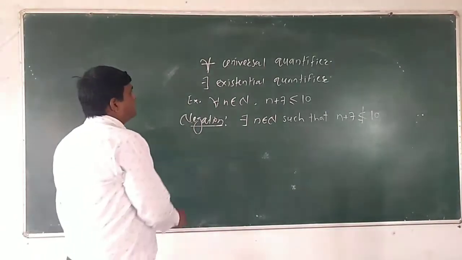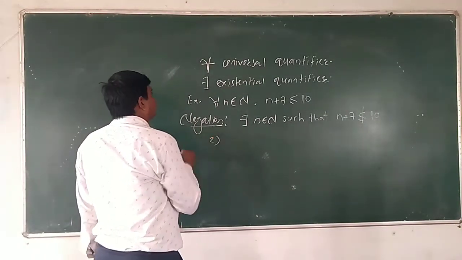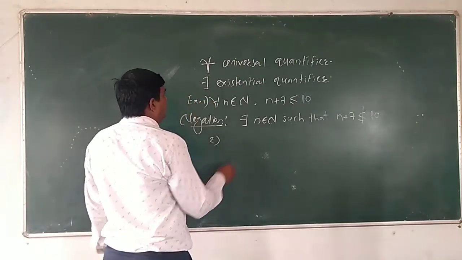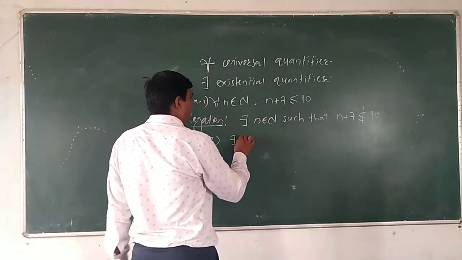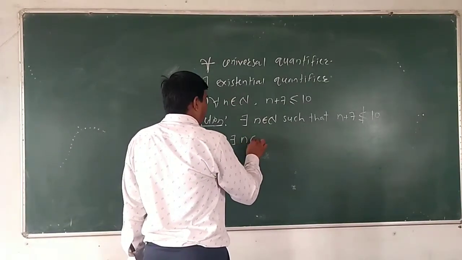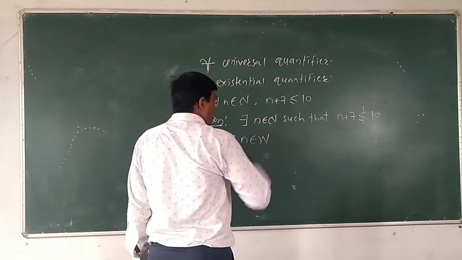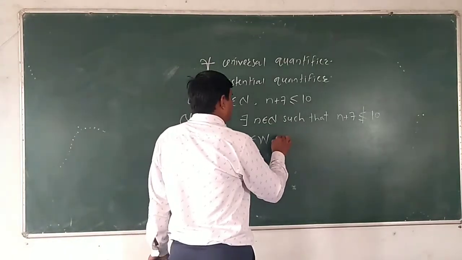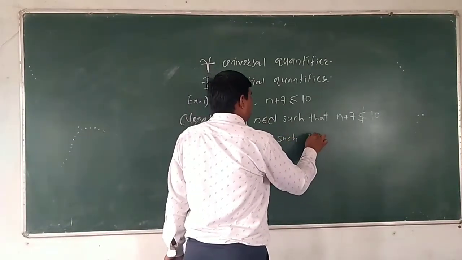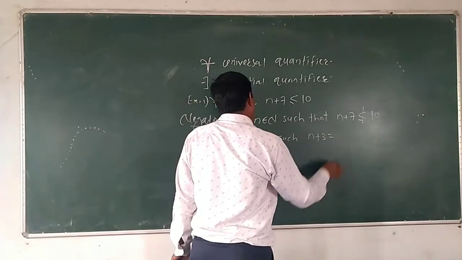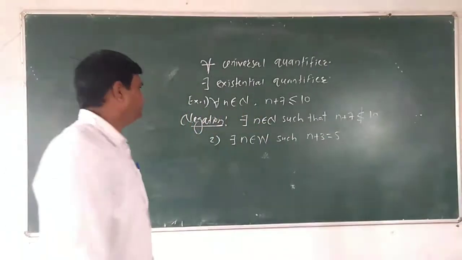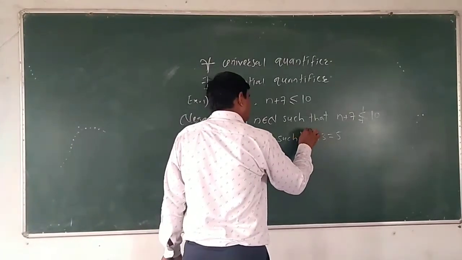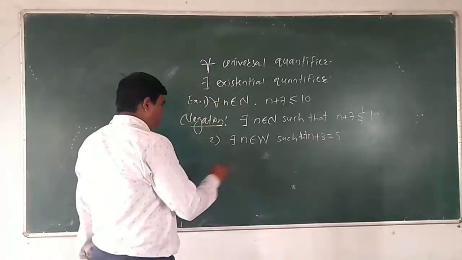Then the second example: there exists n belonging to whole numbers such that n plus 3 equals 5.